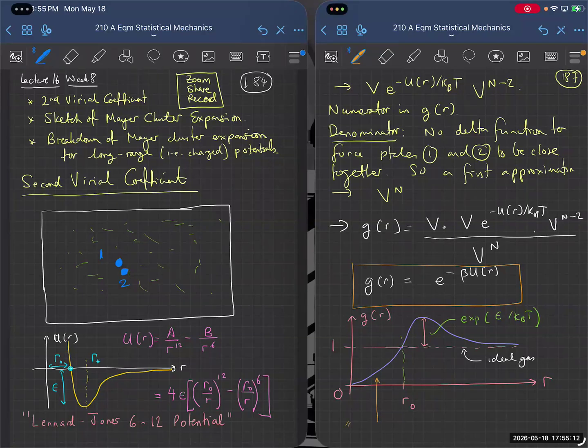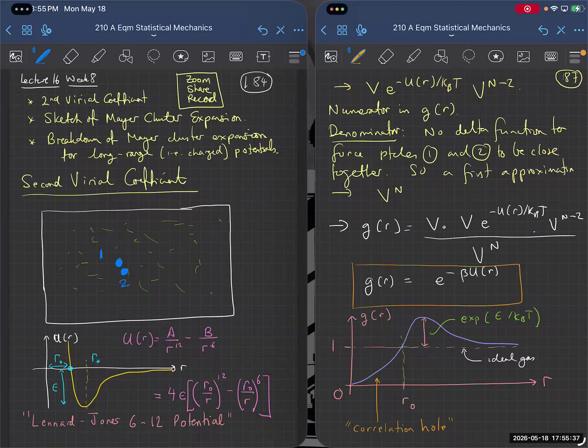There's what's called a correlation hole. And that's really very simple. If I've got two particles, they've got these hardcore repulsions, they can't get closer together than R naught. So the correlation function should pretty much go to zero when they are overlapping like that.